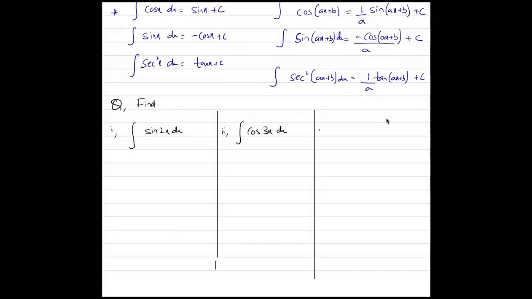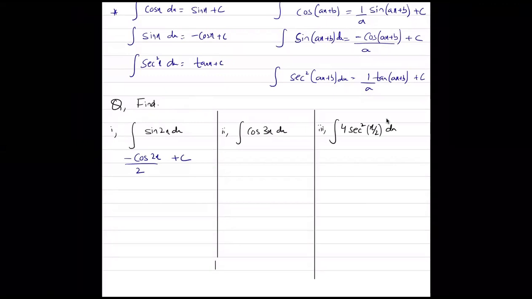And integration of 4 secant square x by 2 dx. So what do you think the integration of sine 2x is going to be? Minus cos 2x plus c. Yes, minus cos 2x divided by 2 plus c.